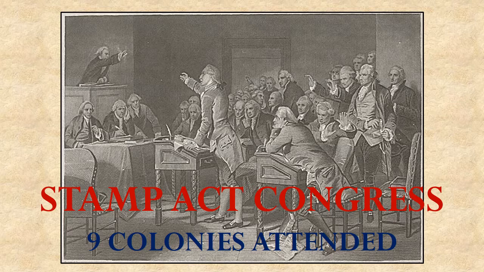Now, it wasn't all 13 colonies, it was just 9, but this is still a dramatically important event because this is the beginning of those 13 colonies cooperating together. And they're cooperating together because they see a common enemy. The common enemy is this government in England that's no longer leaving them in salutary neglect, but is trying to impose what they view as invalid taxes upon them because they're not represented in Parliament.